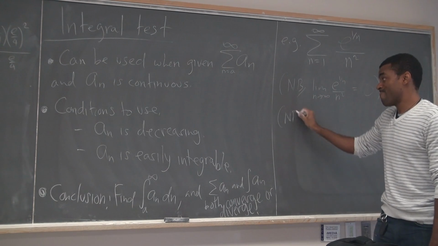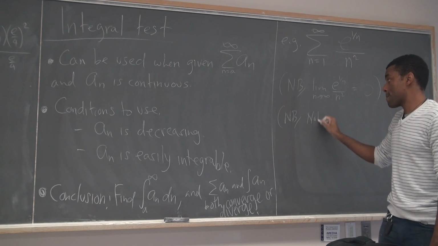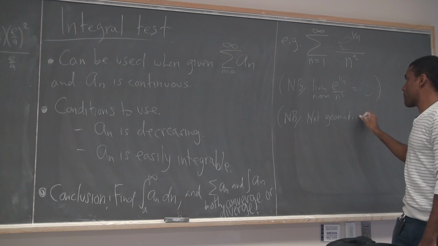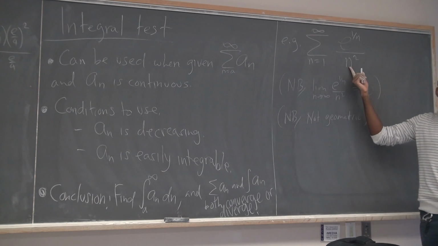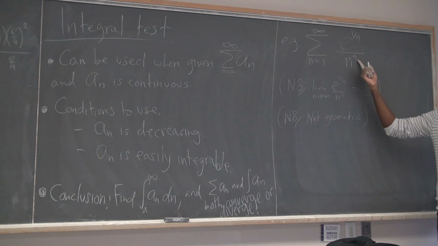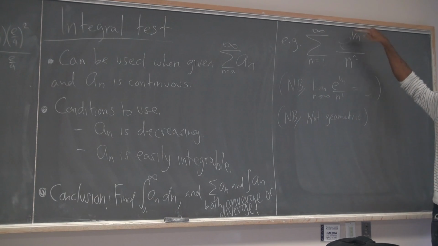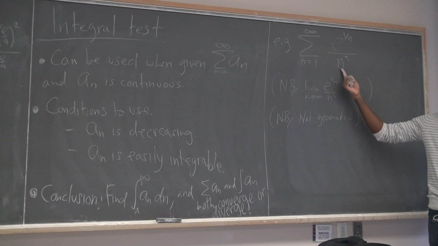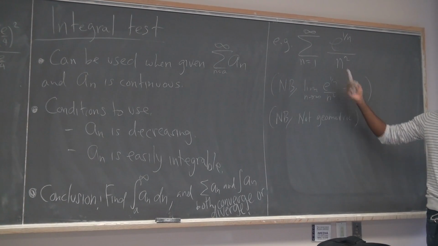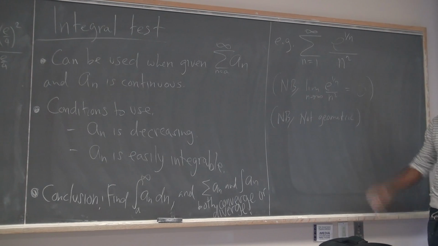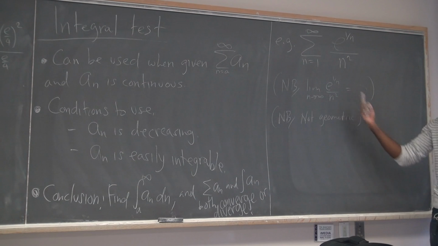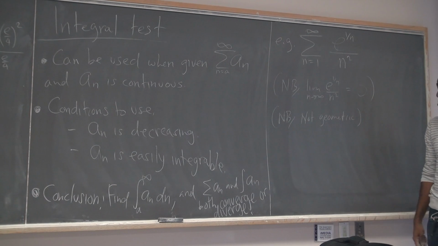Also note, it's not geometric. How do I know it's not geometric? The base is n, and the power is a constant. It's the total opposite of what we need for geometric. The power here is 1 over n, it's not a linear power. Bases have to be constants and the powers have to be linear in order to be geometric. So it's not geometric, the limit is 0, and the first two tests don't apply.